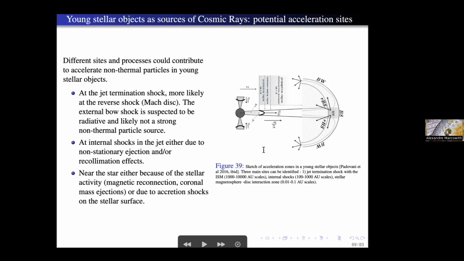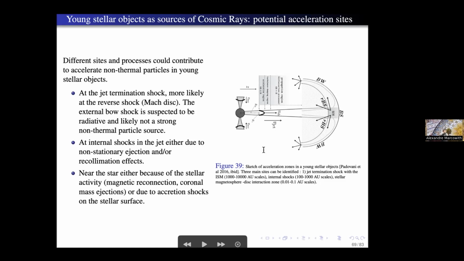we have detected novae in gamma rays, and the shocks in novae are very likely in the radiative regime. The difference here in novae is that the shock has a speed of 3,000 kilometers per second. They are much faster, and this is likely another effect.